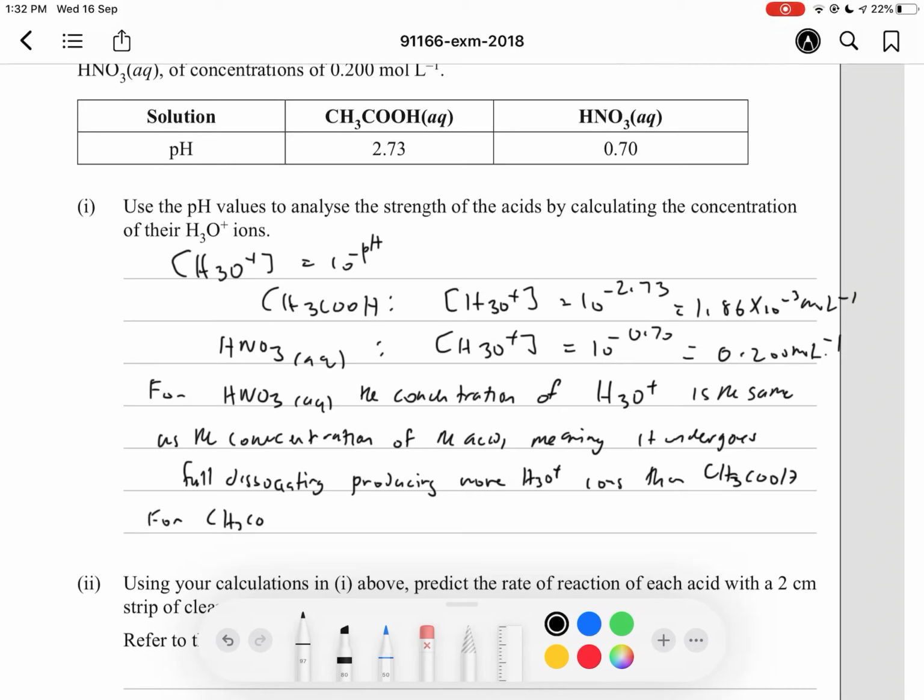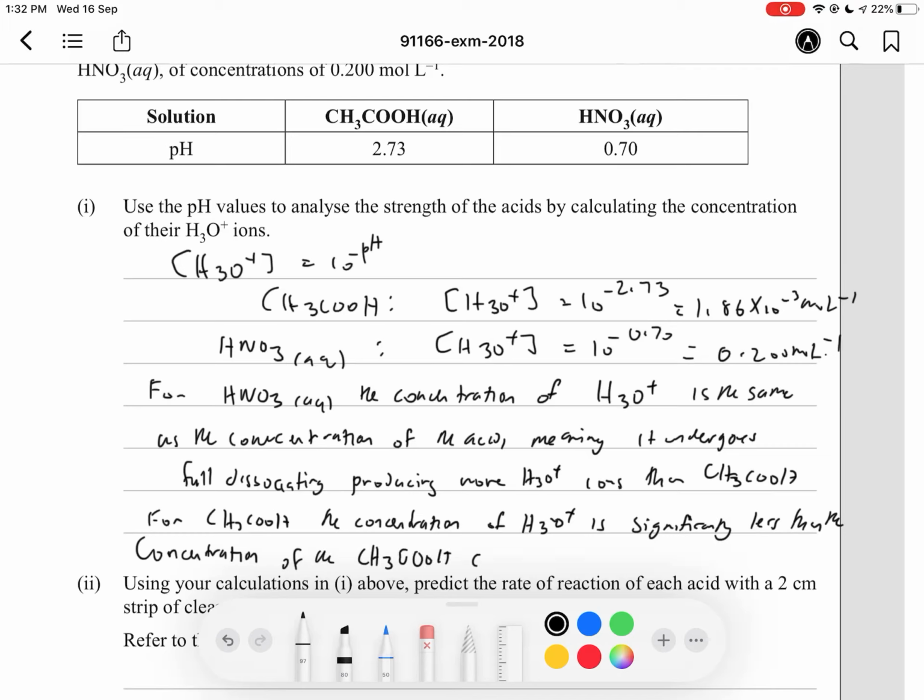You can say for ethanoic acid, for CH3COOH, the concentration of hydronium ions is significantly less than the concentration of the ethanoic acid, meaning it undergoes partial dissociation.